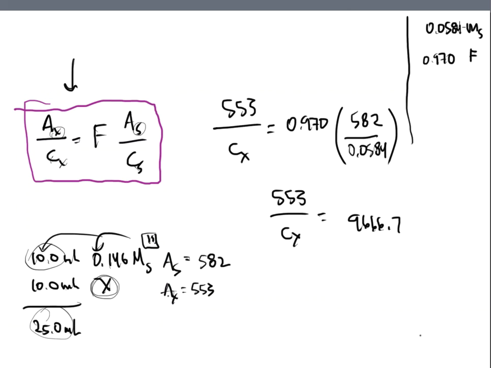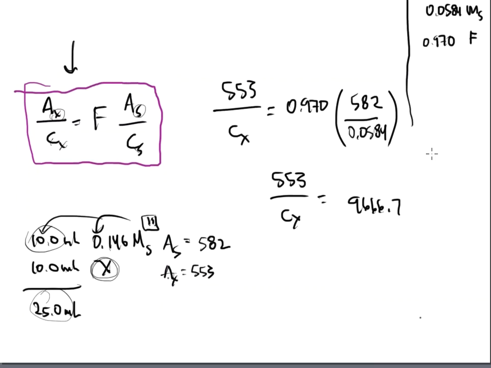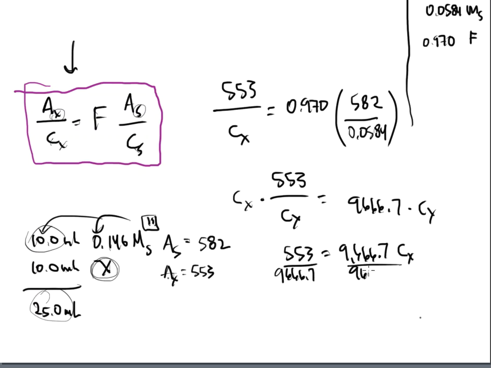To solve for this variable, I would multiply each side by C sub X. So I would get 553 is equal to 9,666.7 C sub X. And then to solve for C sub X, I would divide each side of the equation by 9,666.7.